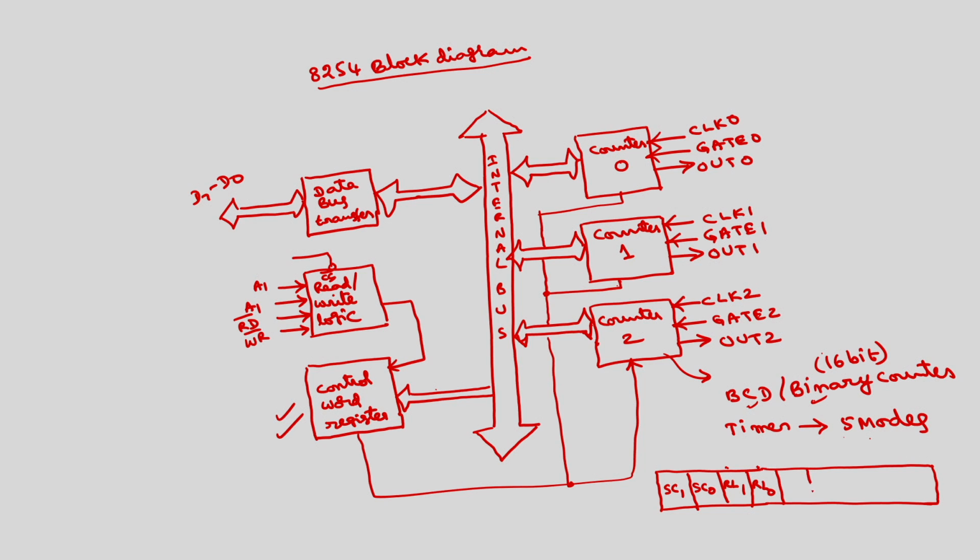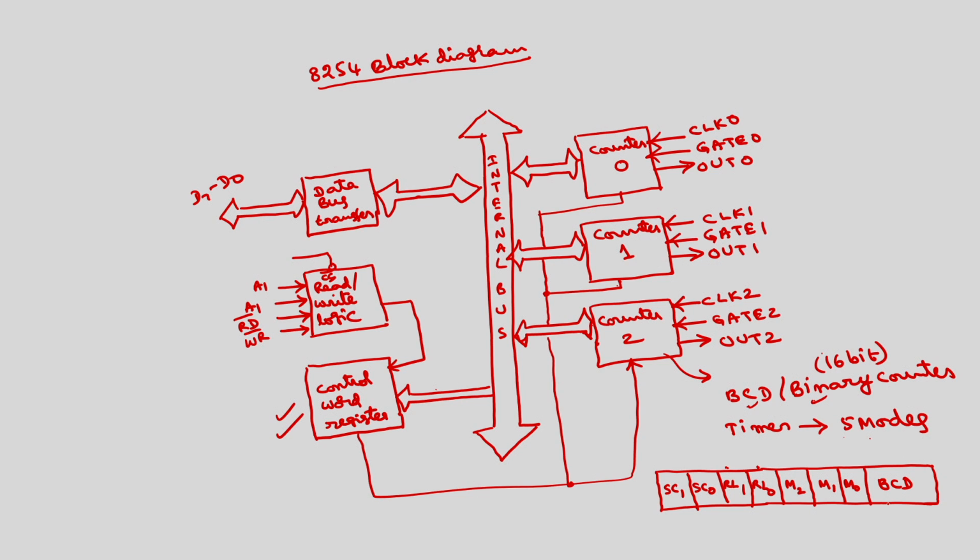Then we have the modes. There are 5 modes, so in order to select these 5 modes, we require 3 control signals M2, M1, M0. Then the last bit is BCD, making a total of 8 bits. If this is for BCD count, this will be 1; for binary count this will be 0.